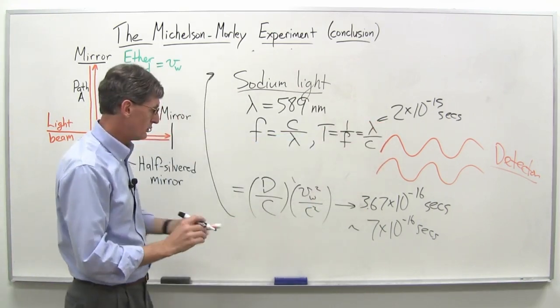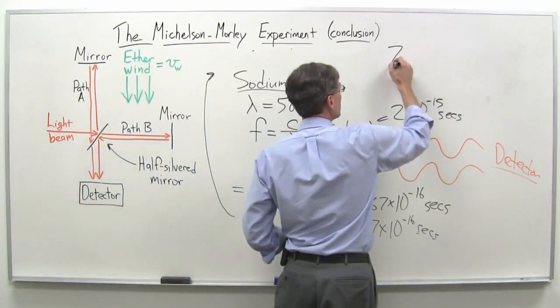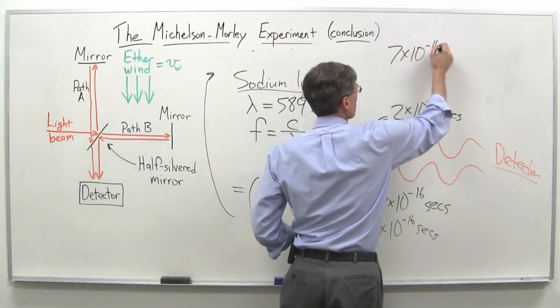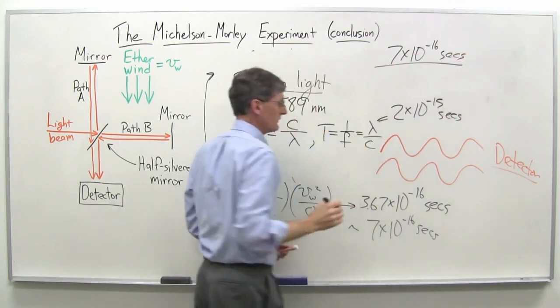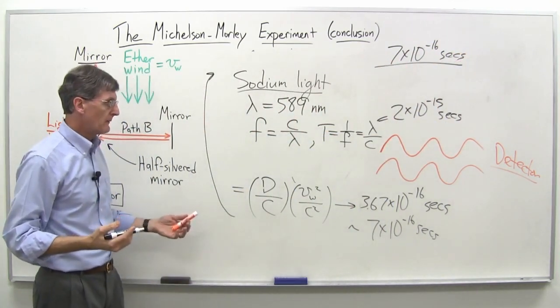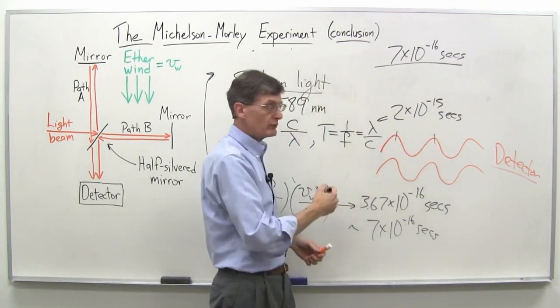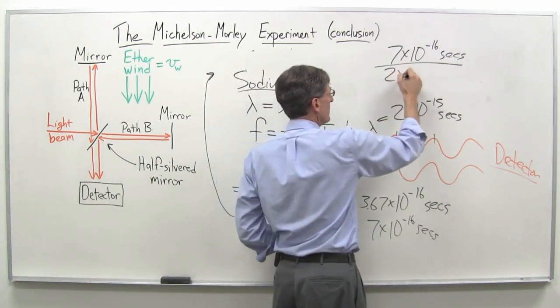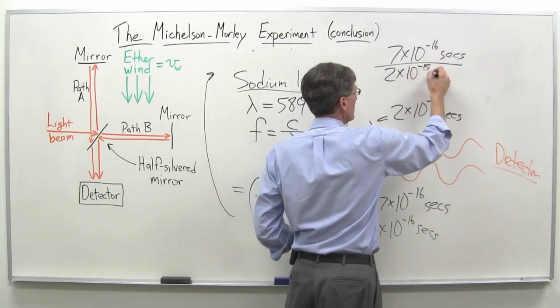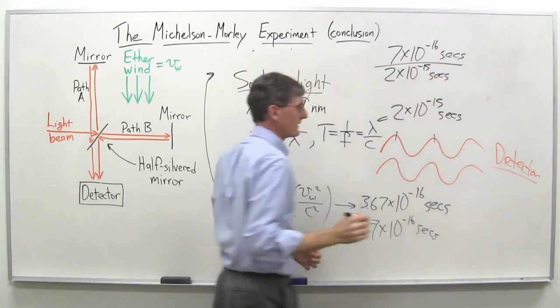In other words, I've got my time difference of 7 times 10 to the minus 16 seconds, very small, but in terms of the one period, the time between two peaks, let's divide it by that, 2 times 10 to the minus 15 seconds.